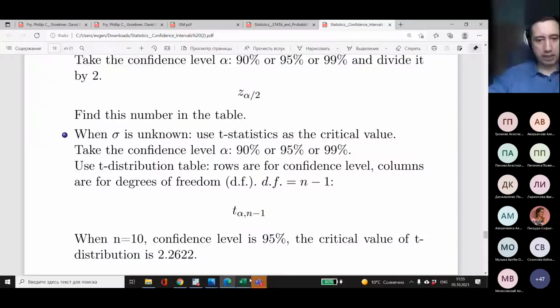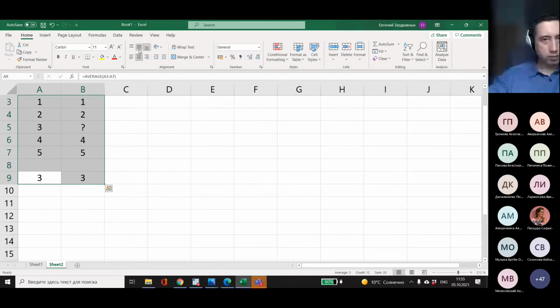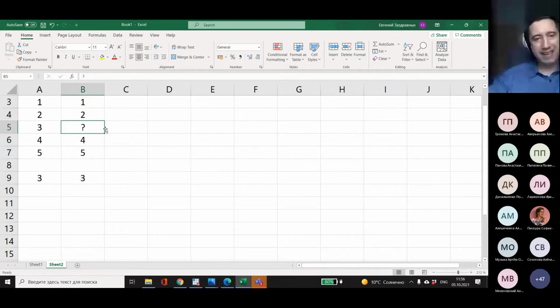Look, what is the idea behind degrees of freedom in this context? Imagine that you have 5 numbers: 1, 2, 3, 4, 5. It's pretty easy to calculate the sample average. That's clear. But why do we have n minus 1 in this case?